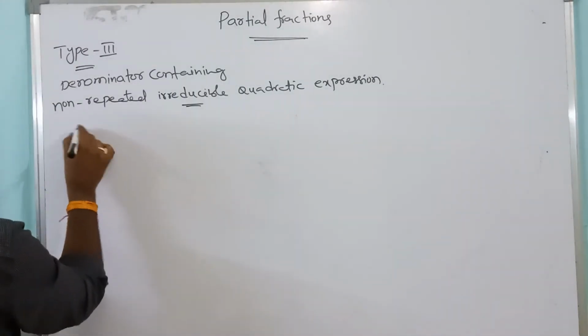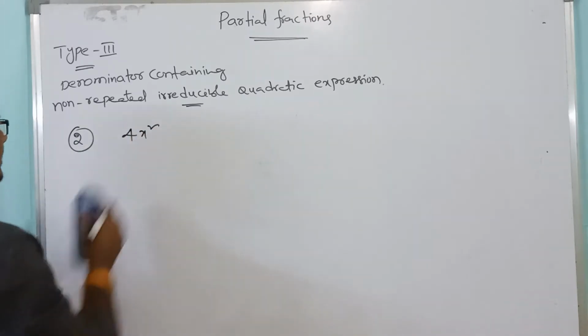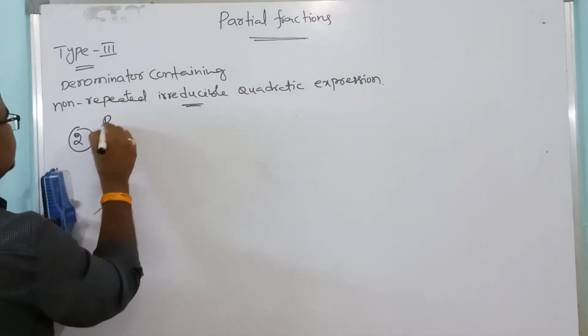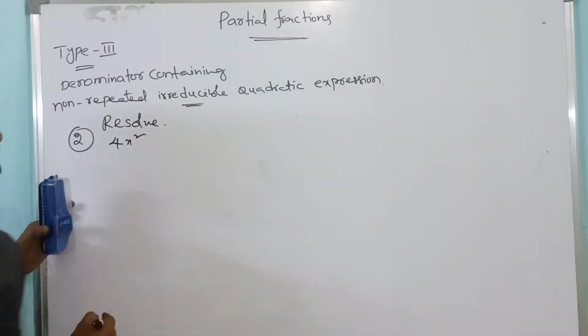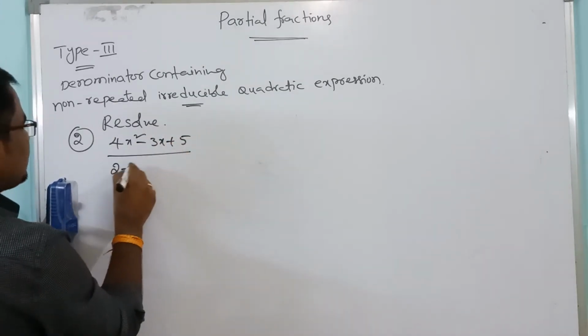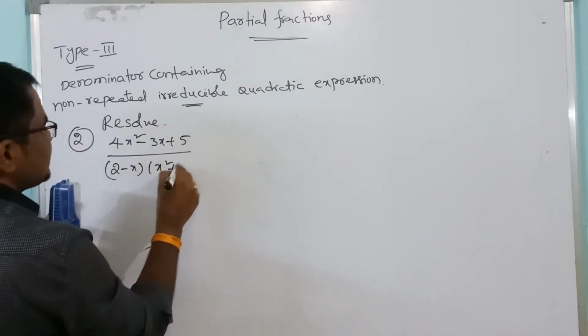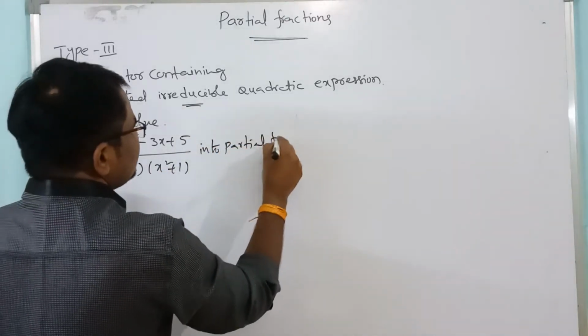Example number 2. Suppose they ask, resolve (4x square minus 3x plus 5) divided by (2 minus x) into (x square plus 1) into partial fractions.